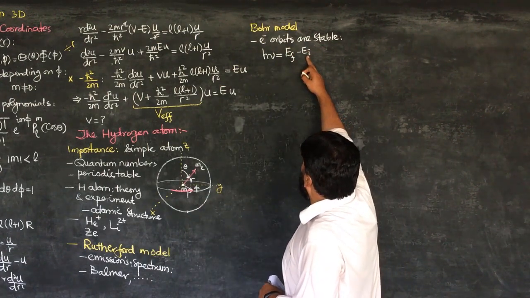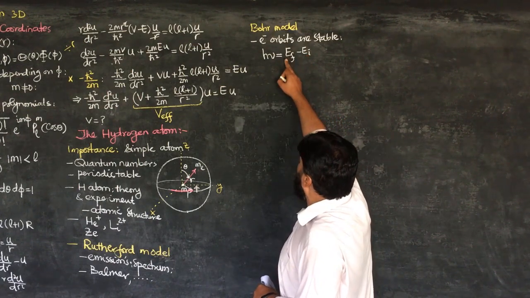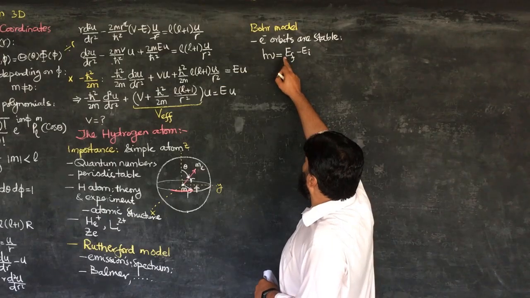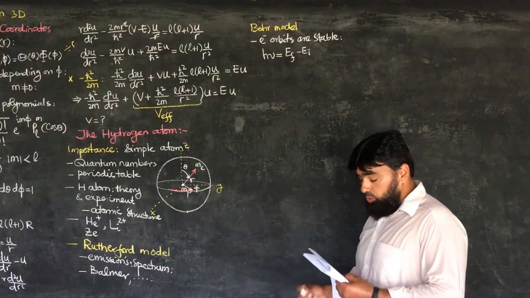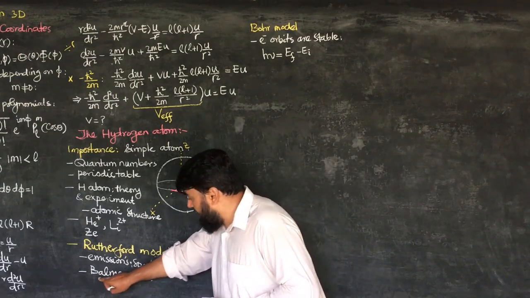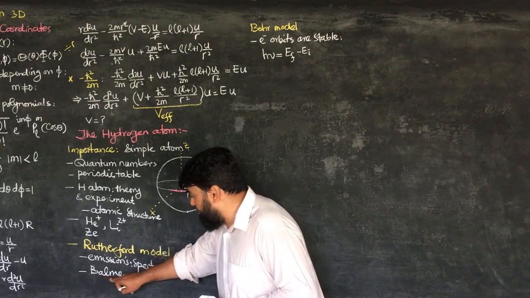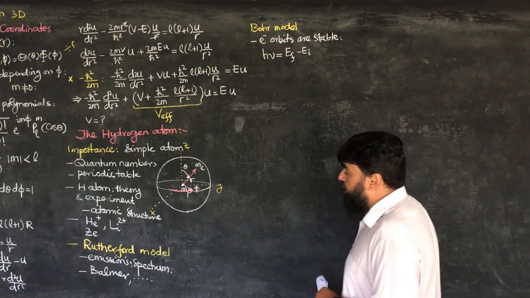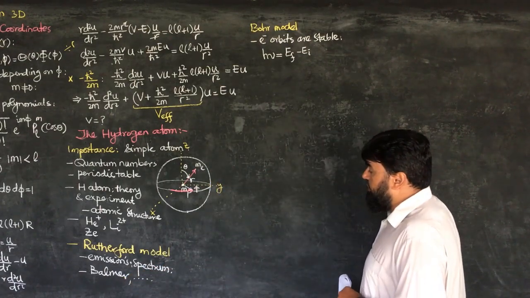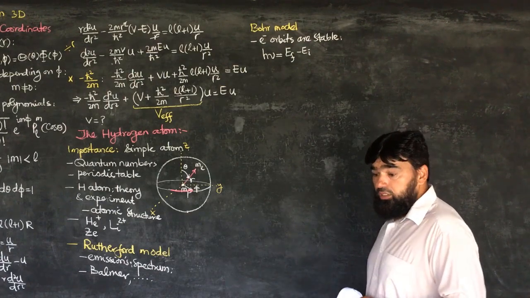When it jumps from lower to higher, it absorbs energy. When it jumps from higher to lower, it emits energy, and some specific lines or emissions will be there which satisfied the emission series which were observed.